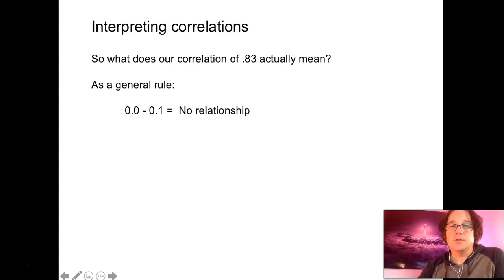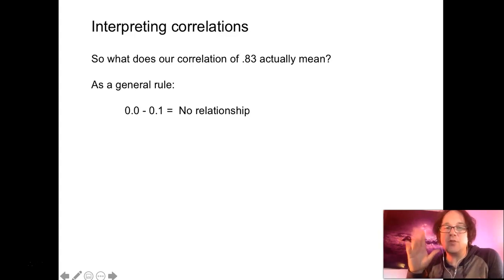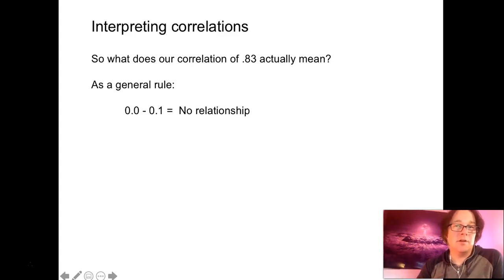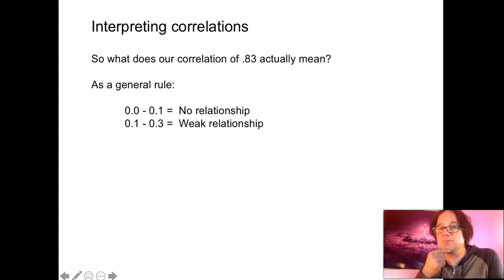As a general rule, and these guidelines are geared a little bit more towards the social psych realm, anything from 0 to 0.1 or 0.2 we would say is really no relationship.